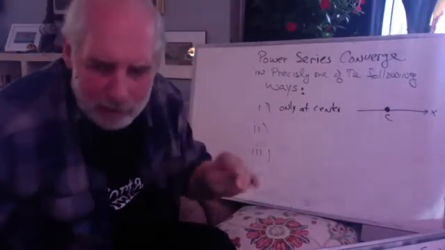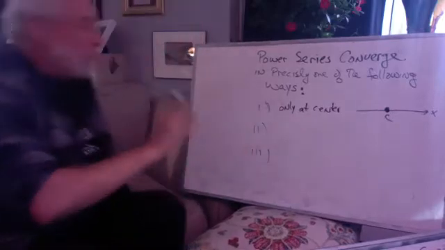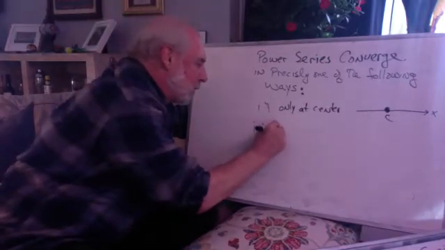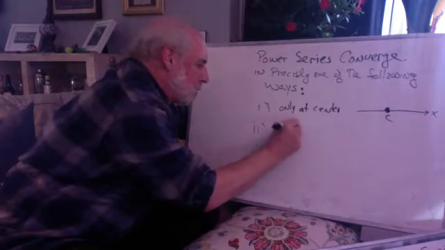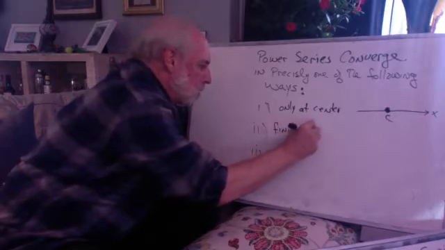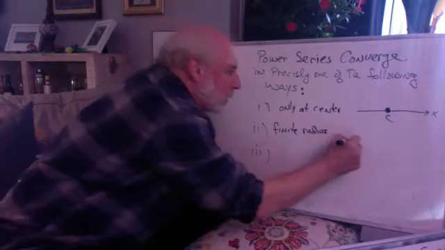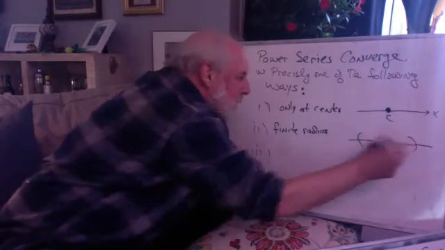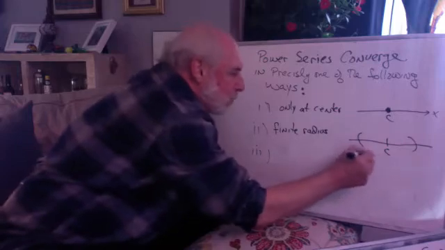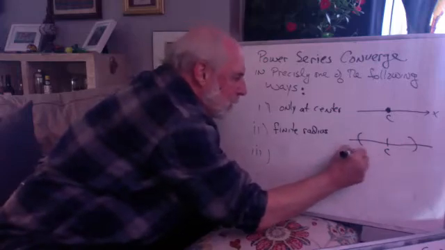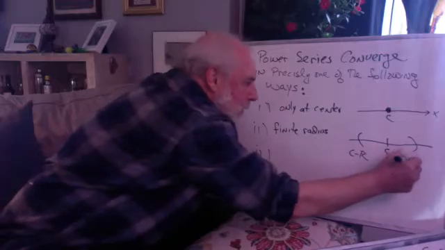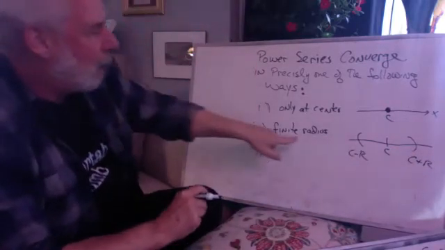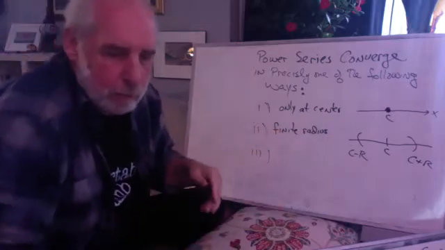And this will make sense in a little bit. The second possibility is a finite radius, and that would look like this. So here's the center. And this would be C minus R. And over here would be C plus R. So we have this radius on here.